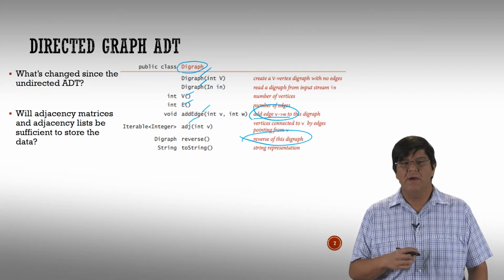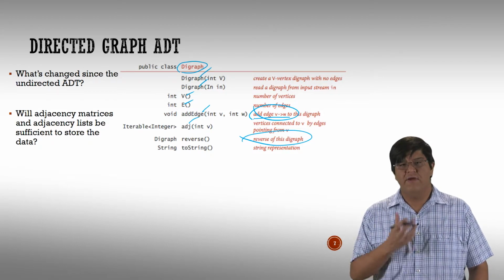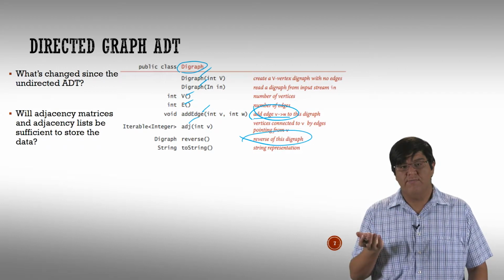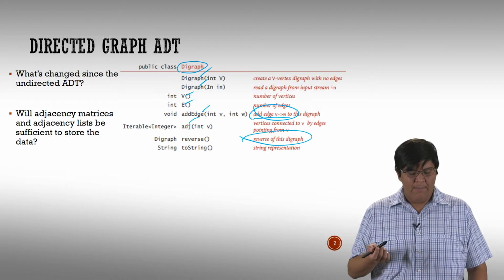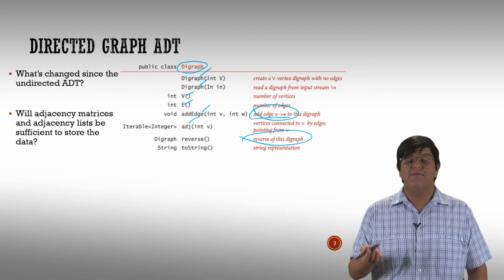Take a second and think about the data structures we know about. Matrix versus list for storing a graph. How will they fare for a directed graph? We've seen them for undirected, but how about a directed one? Both of them will work out fine. Adjacency matrices will also be a little bit nicer than before.